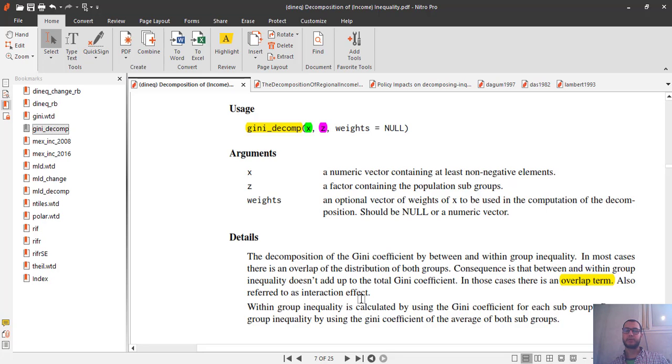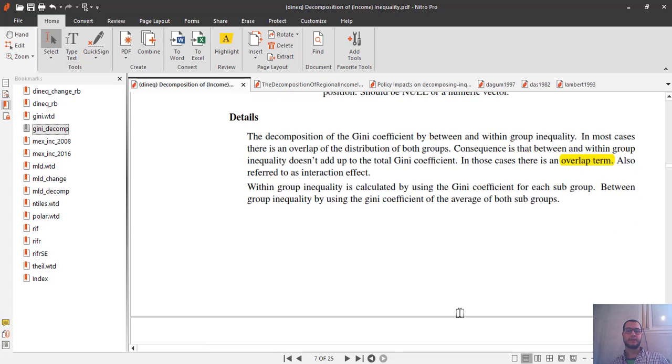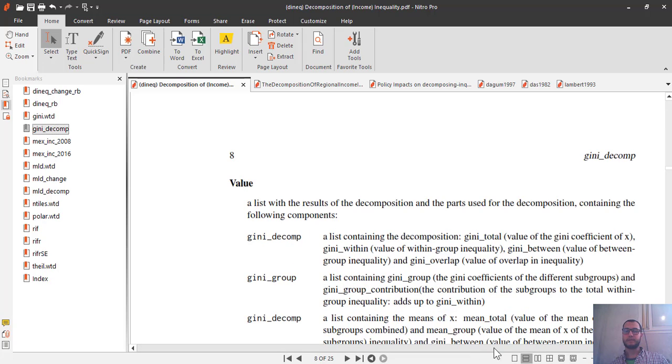Within group inequality is calculated by using the Gini coefficient for each subgroup or subregion. Between group inequality is calculated by using the Gini coefficient or average of both subgroups.